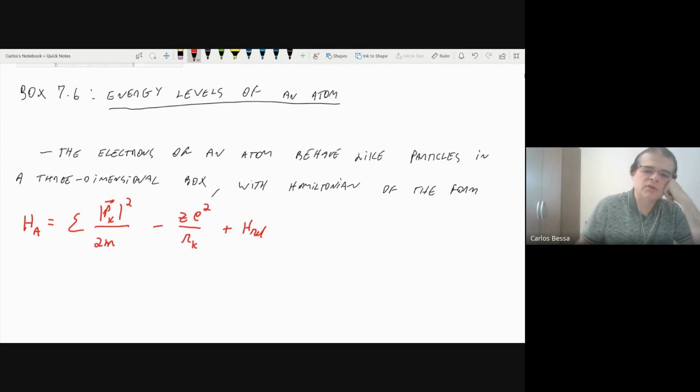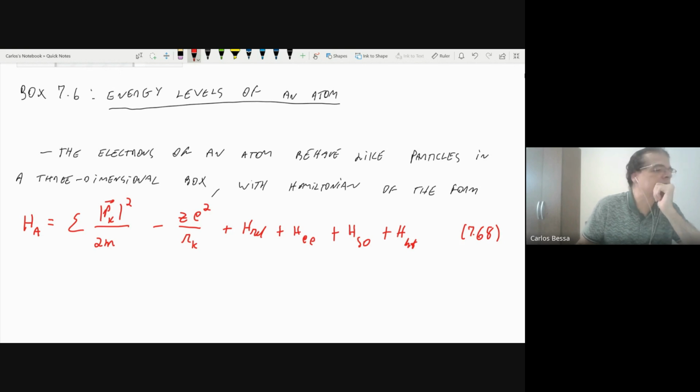So we have this term that is a type of relativistic term. This other term is a Hamiltonian related to the interaction between the electrons. This is a Coulomb potential. We have a Hamiltonian related to the spin-orbit interaction that we will comment on, and a Hamiltonian related to the hyperfine structure that we will comment on soon.